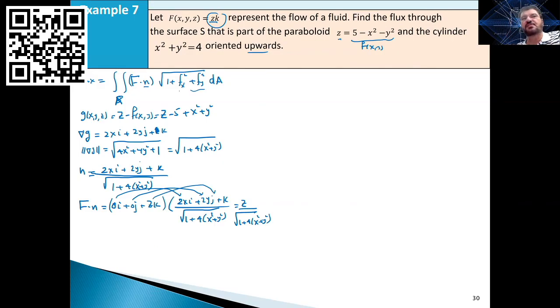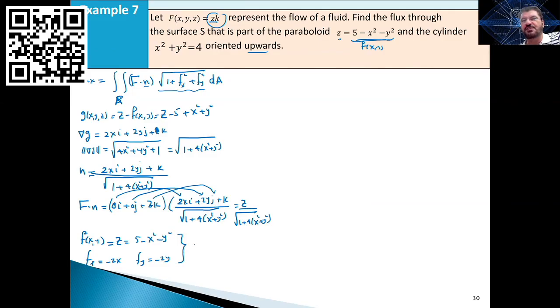Now let's look at this. Now what's f of xy? Remember, f of xy, it's this. It's the z, which is equal to 5 minus x squared minus y squared. If I differentiate with respect to x, we get minus 2x. When I differentiate with respect to y, we get minus 2y.